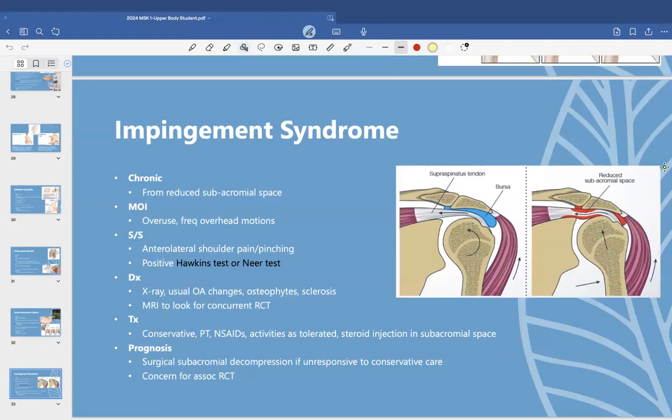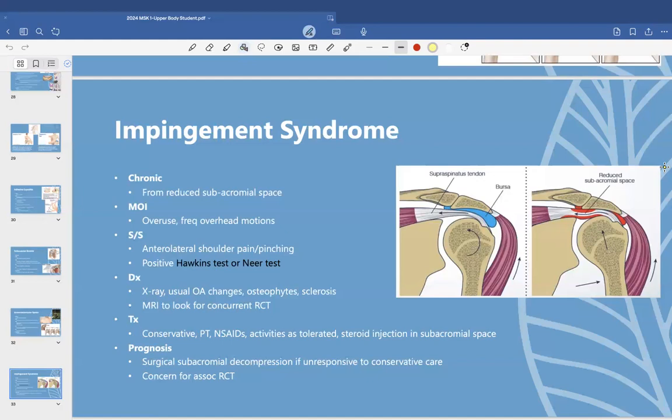If you get an X-ray, you'll usually see osteoarthritic changes. First one being joint space narrowing. Then again, osteophyte formation, bone spurs. When you have bone where it doesn't belong, it's going to be irritating that tendon, irritating the bursa, limiting and closing up the space there. All right, you might look for a rotator cuff tear as well, because we know that rotator cuff tendon is in harm's way.